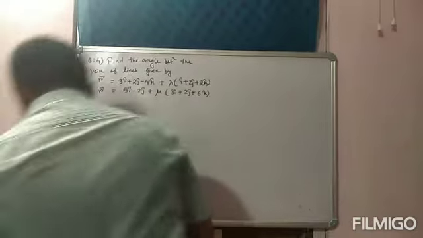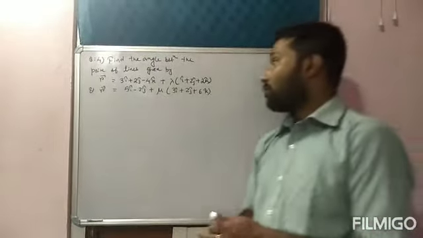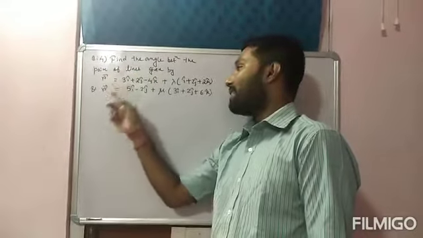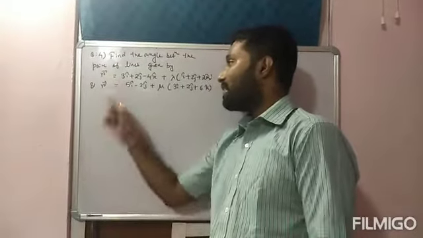So this is the question. You are asked to find the angle between the pair of lines given by these equations.